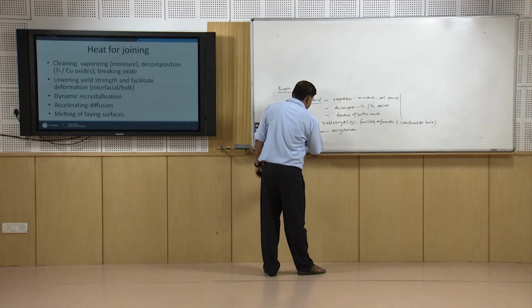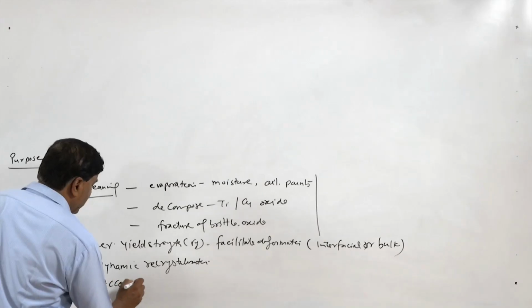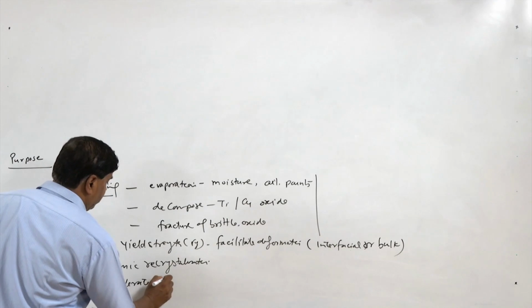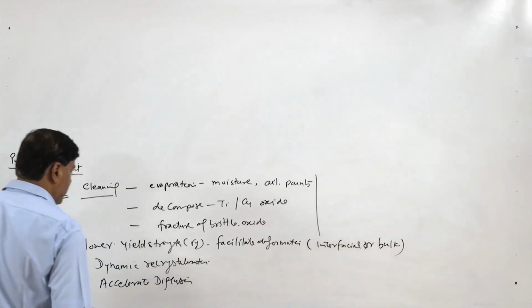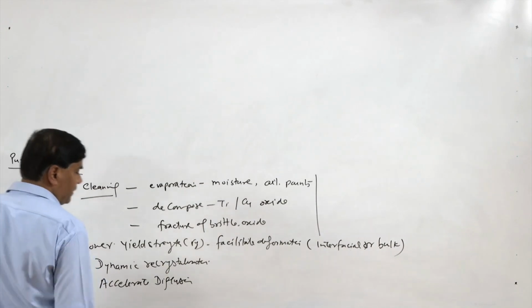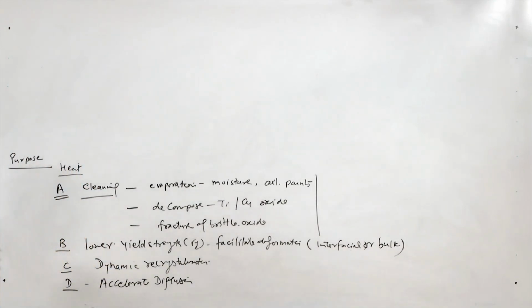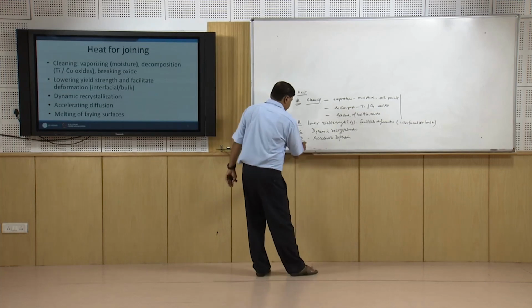So, basically the purpose of heating sometimes is to accelerate the diffusion, especially in the diffusion bonding process, so that the diffusion bond across the interface can be achieved easily.